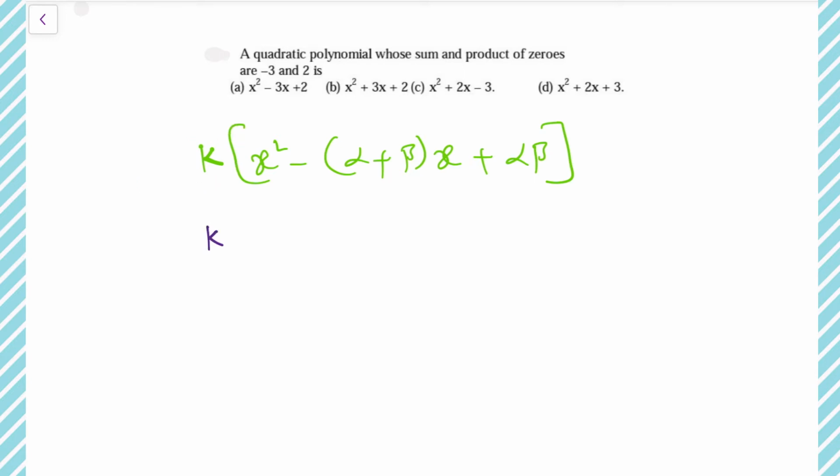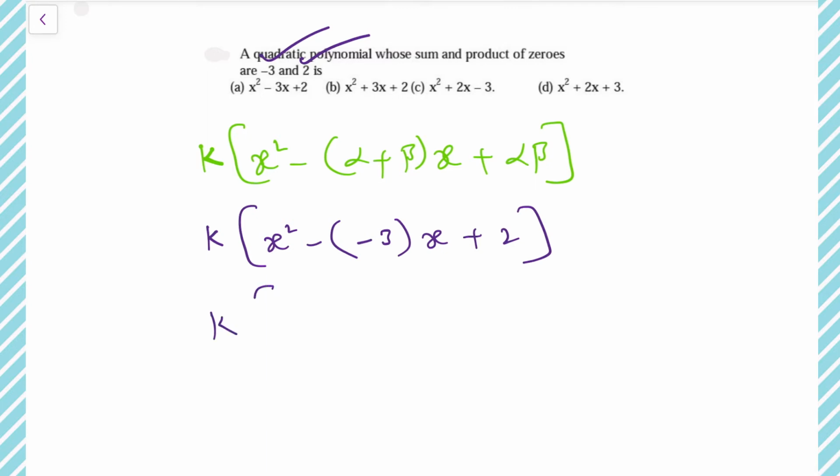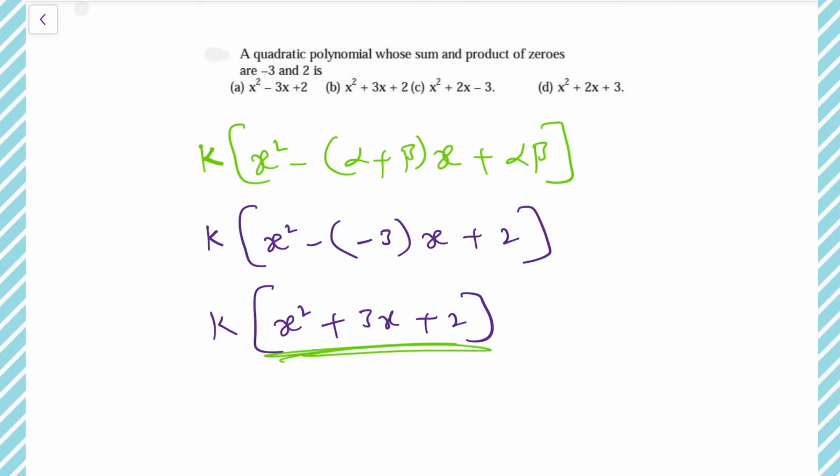Now k as usual into x square minus, here sum and product are given, so this is direct sum and this is direct product, that is minus 3 into x plus product is 2. So the polynomial will be k into x square minus into minus, plus 3x plus 2. So the required polynomial is x square plus 3x plus 2, option B.